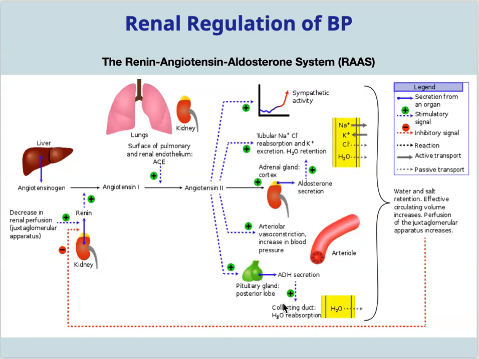But notice that ADH causes free water reabsorption without being accompanied by sodium reabsorption. Whereas the effect of aldosterone is that it causes sodium reabsorption followed by water reabsorption. So both sodium as well as water, instead of just water alone here.